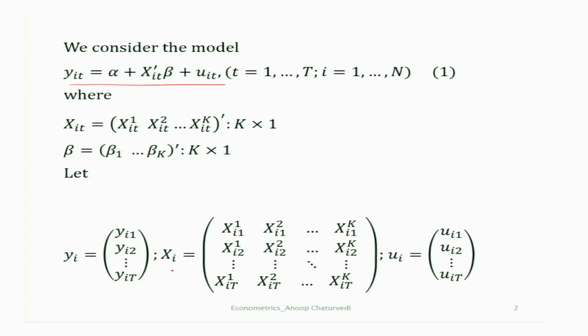So, this capital X_i is a T cross K matrix corresponding to the ith cross section. This is the matrix of observations on all the K explanatory variables. And u_i is a T cross 1 vector having elements u_i1, u_i2, and so on up to u_iT.